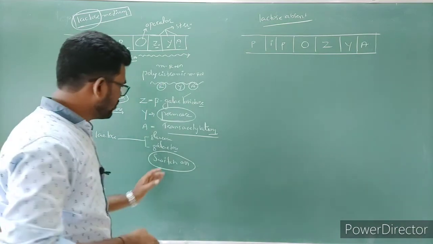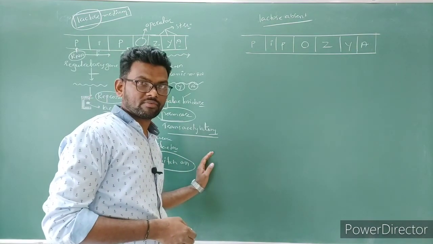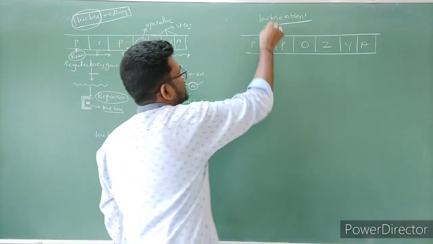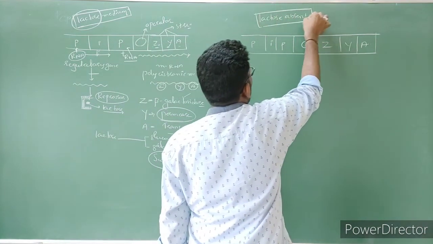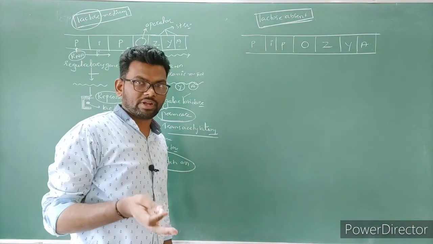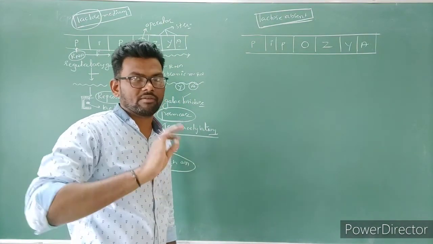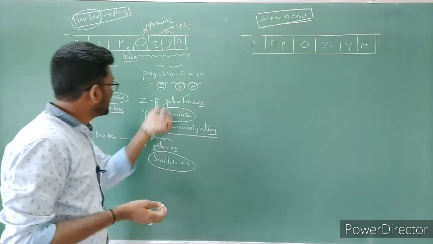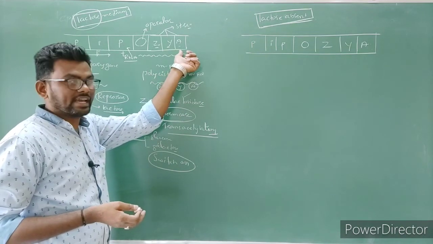Next, when is this expression stopped? For example, the same bacteria is now growing where lactose is absent in the medium or absent in the cell. In such a case, the lactose-utilizing genes are not going to express.